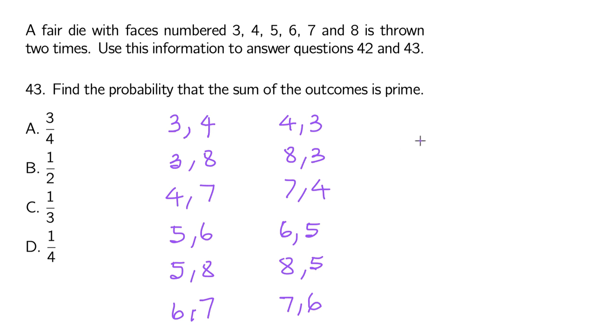So there are 12 possibilities out of 36, and the probability that the sum of the outcomes is prime is 12 over 36, which is not 1 over 2, it's 1 over 3. Sorry. So that gives us 1/3 as our answer.